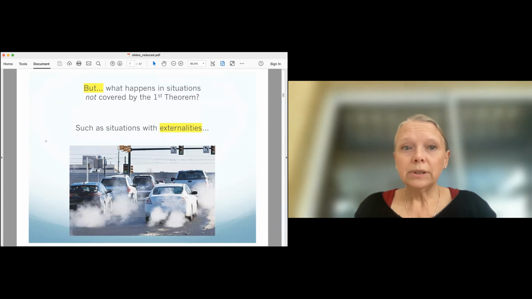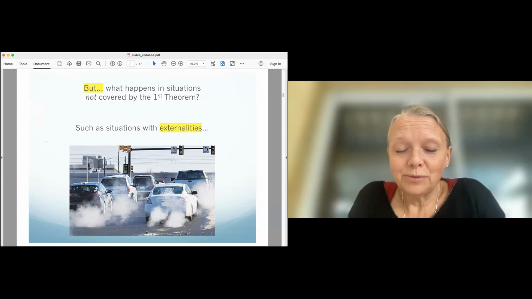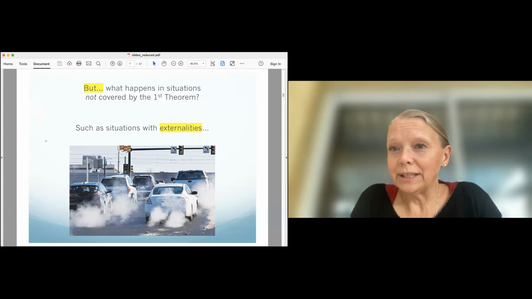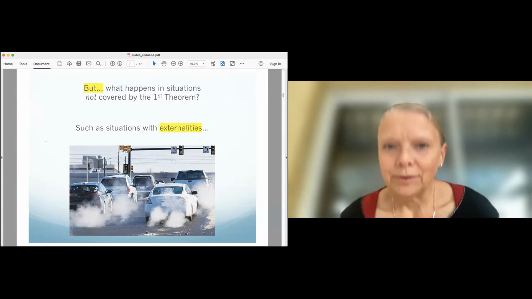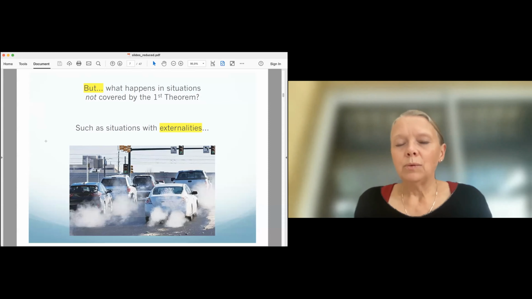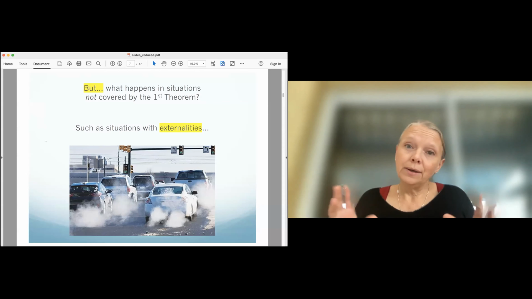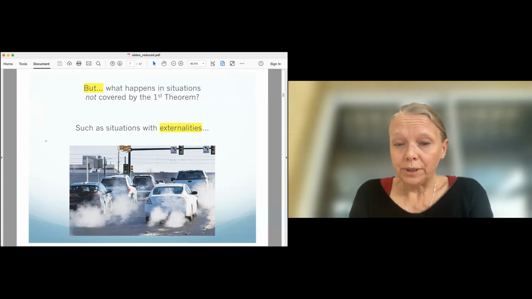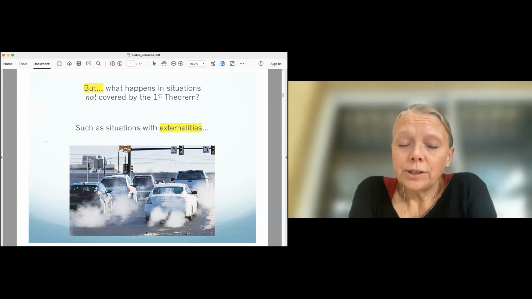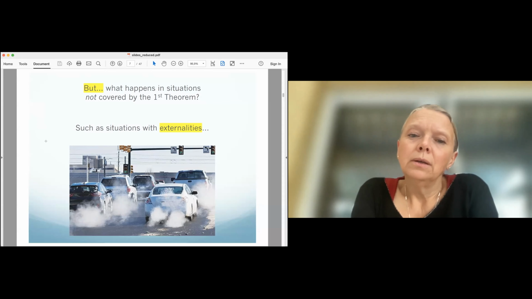For example, situations with externalities: here is a picture of cars polluting the air. There are many other situations with externalities, meaning a lack of a market for some goods. Here the good that is not traded is fresh air.